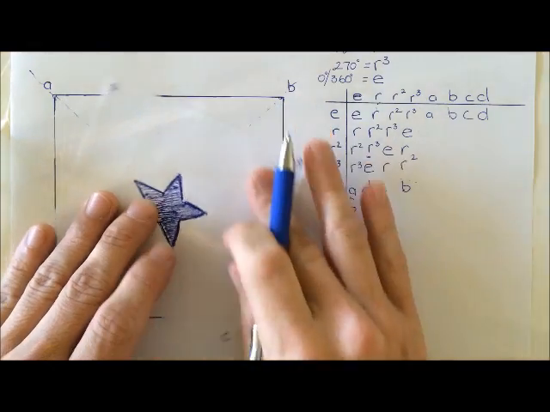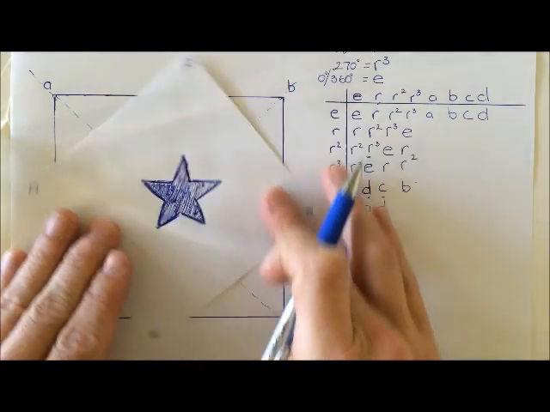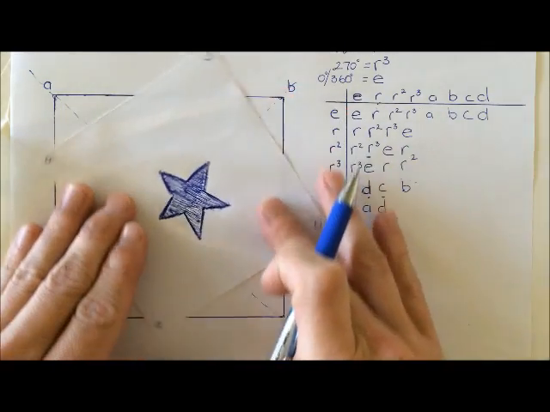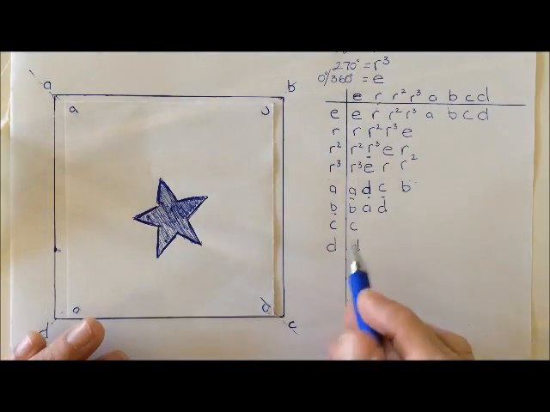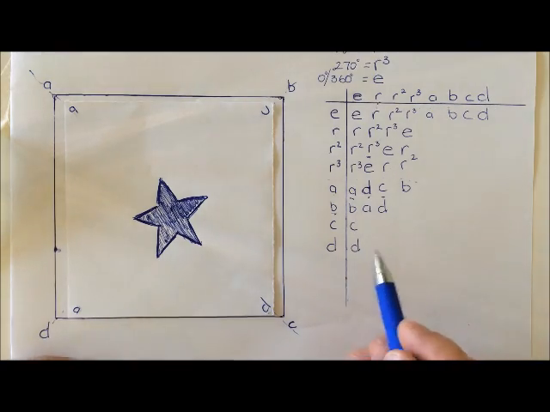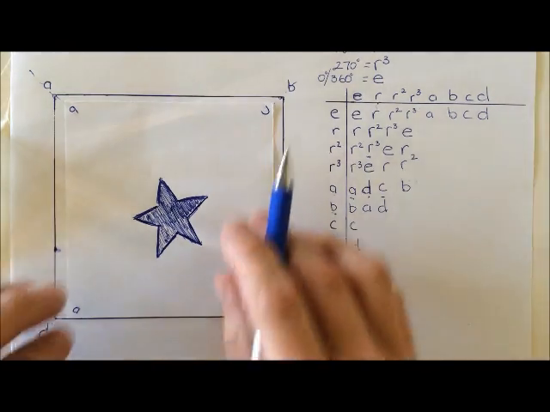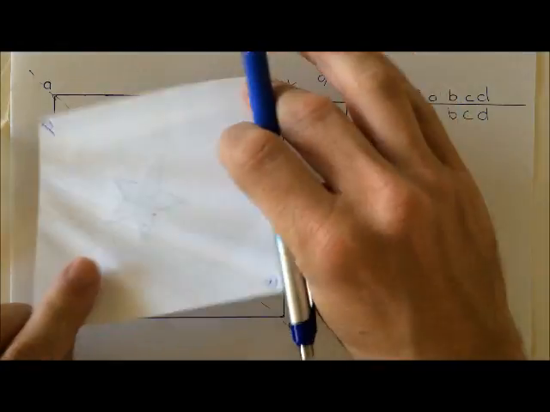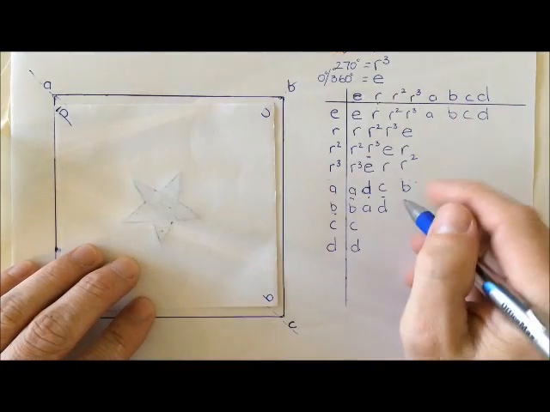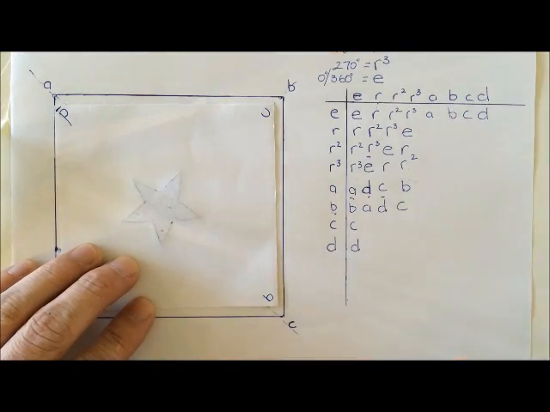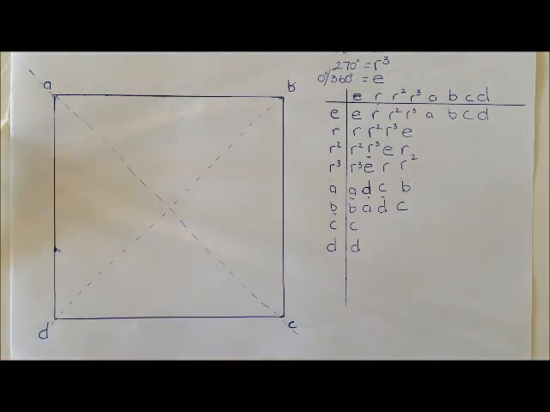We rotate 3 times. And then we flip along the B axis. And the value is C. Reset.